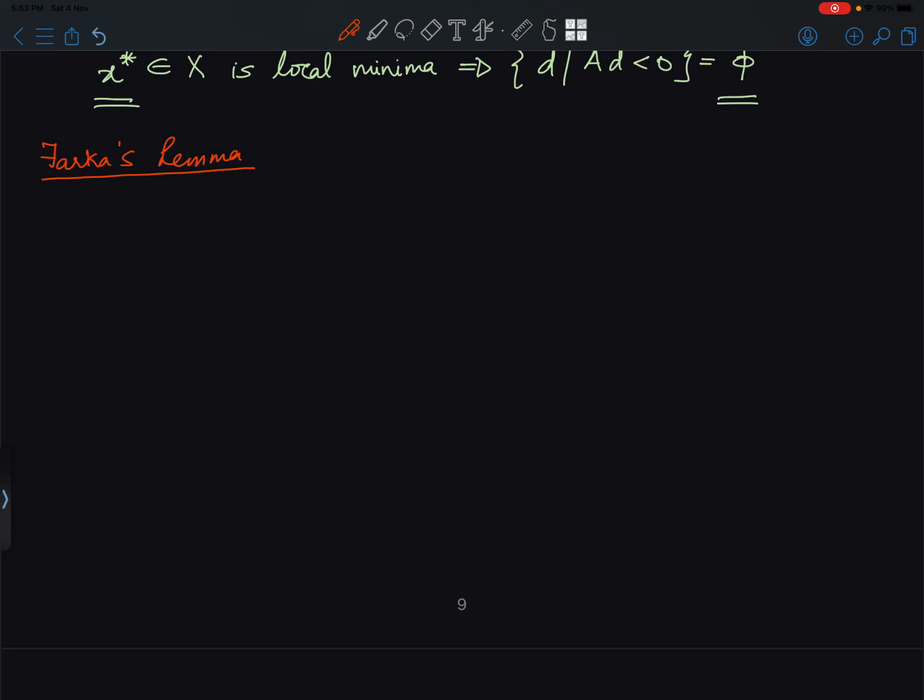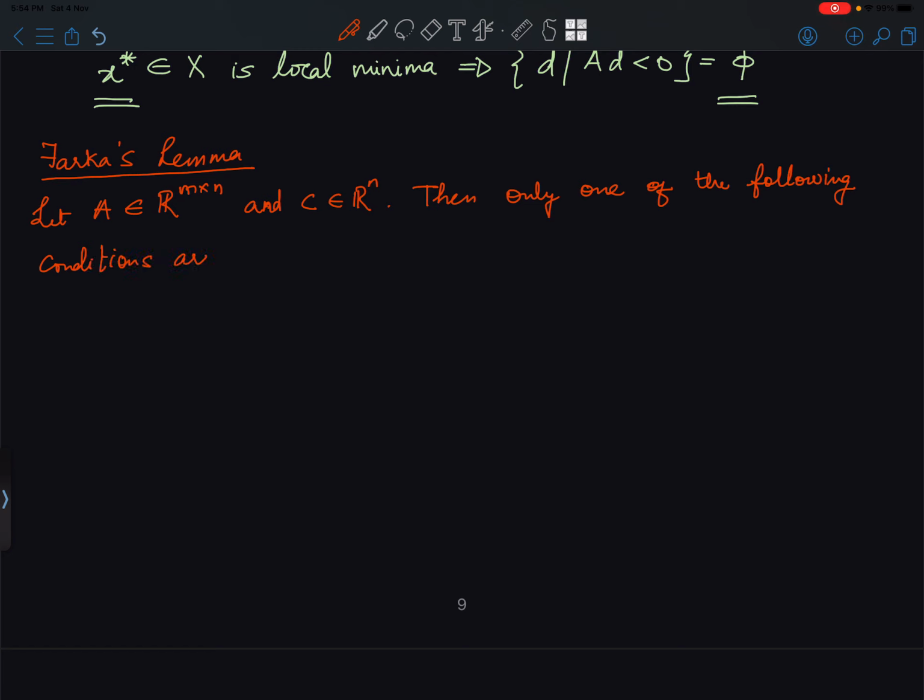Farkas lemma says that suppose I have a matrix A which is of dimension R^(m x n), and there is a vector c which is an n dimensional vector, then only one of the following conditions is true. What are these conditions?